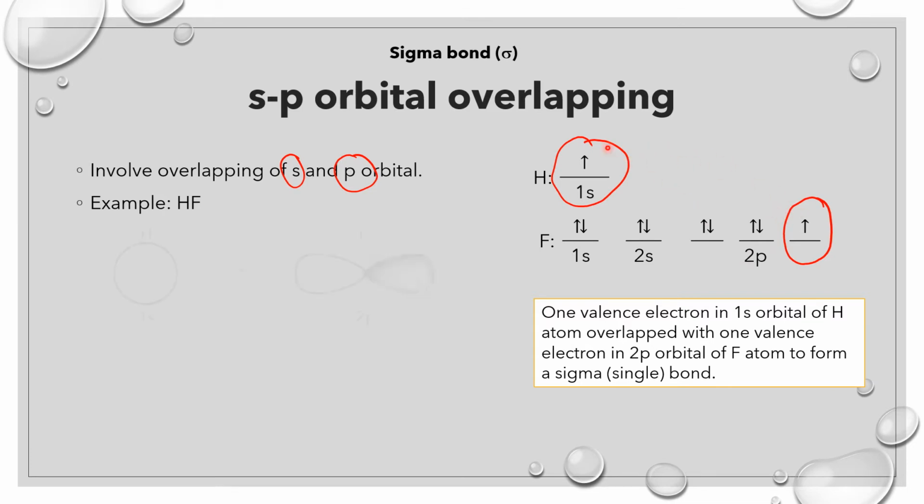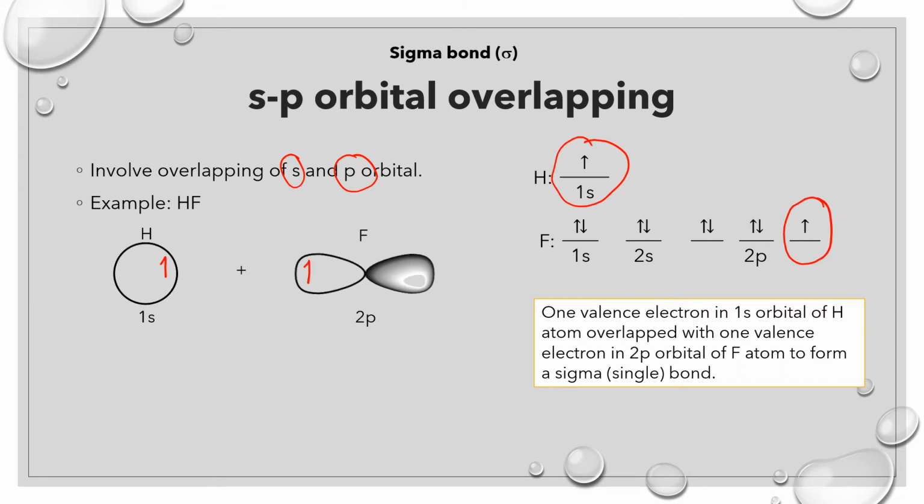Since this is the valence electron in 1s orbital, this is the shape of 1s. And for the 2p electron here, p is dumbbell-shaped. In each of the orbitals, we have 1 electron.